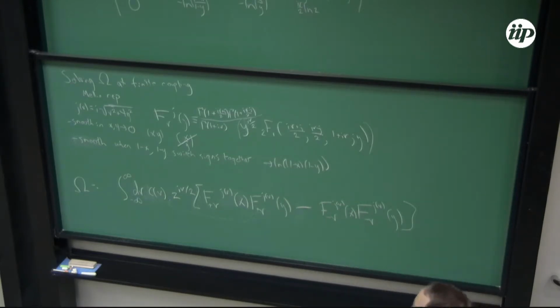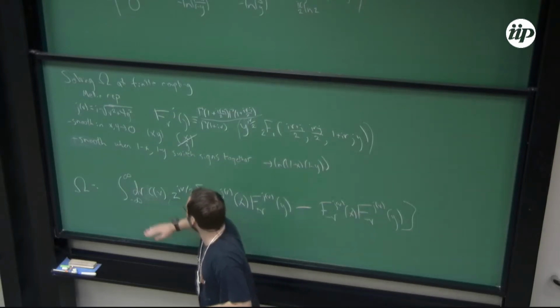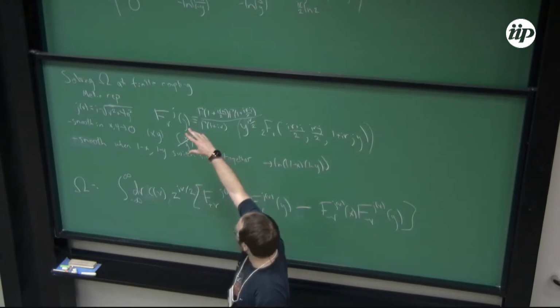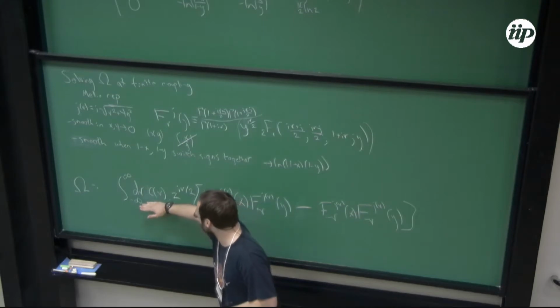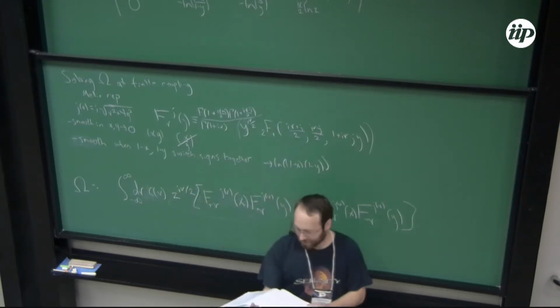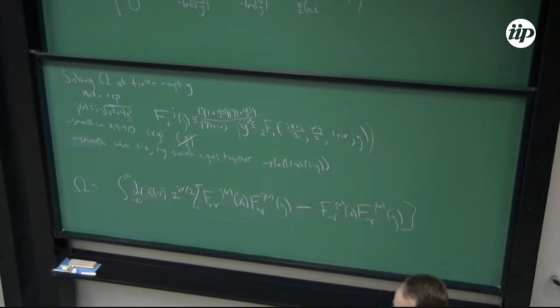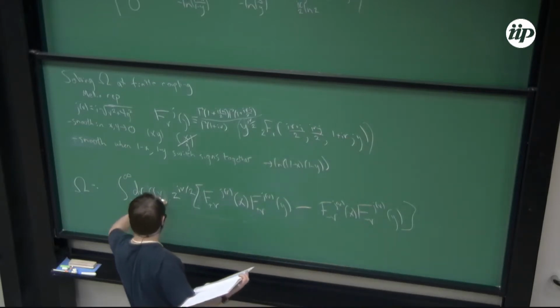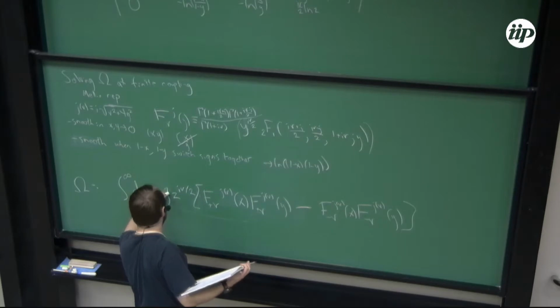So the differential equation doesn't fix this. The assumption that we're diagonalizing z with this melon rep doesn't fix this, so we still need some condition to fix this. Oh, and sorry, this is a function of g squared as well.